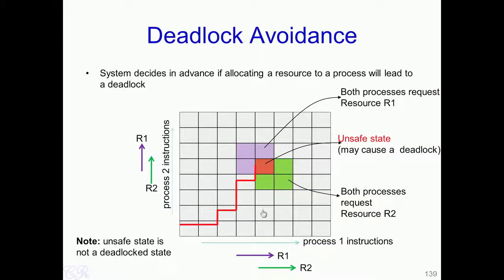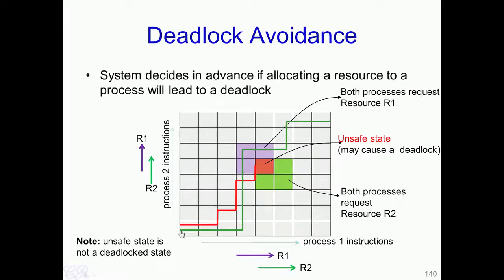On the other hand, if the OS schedules process 1 and process 2 execution in such a way that this unsafe state is avoided, then the deadlock is avoided. So, this is the essential technique used to avoid deadlocks in systems.